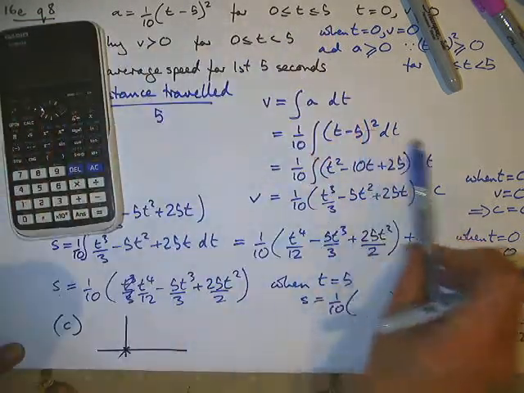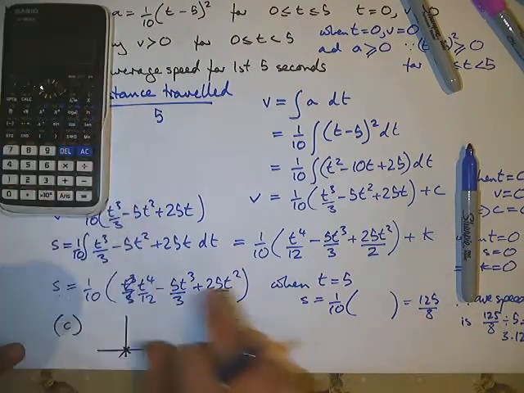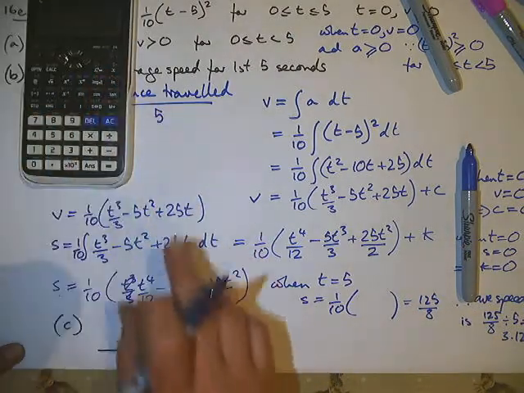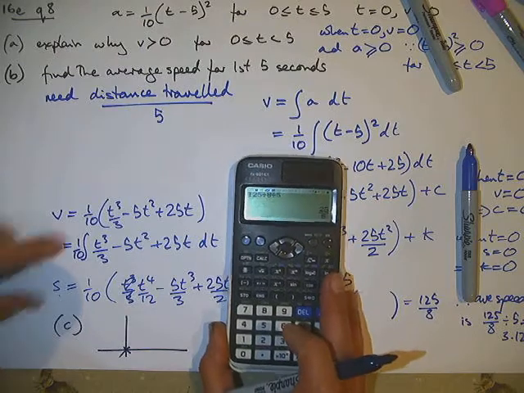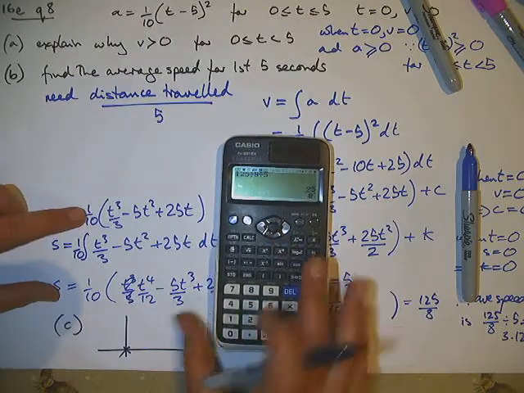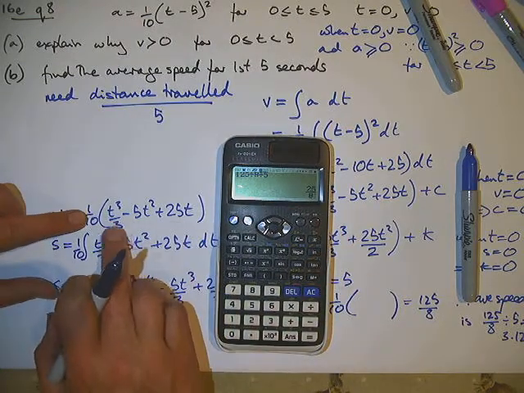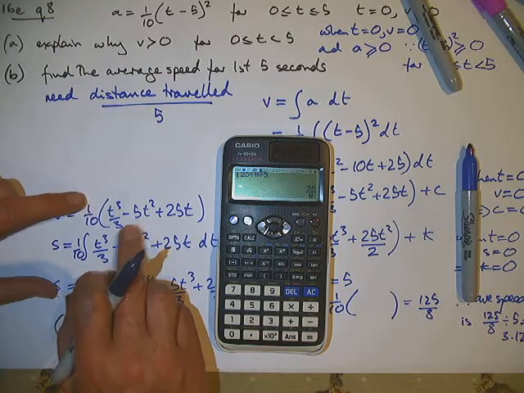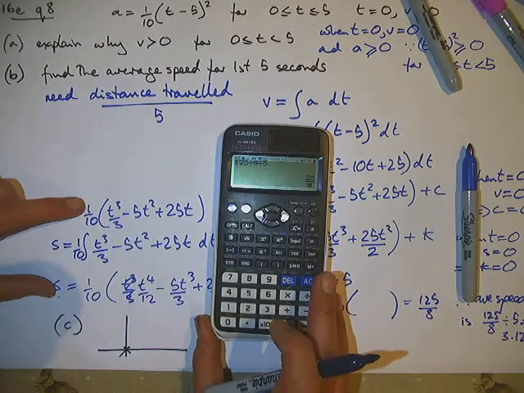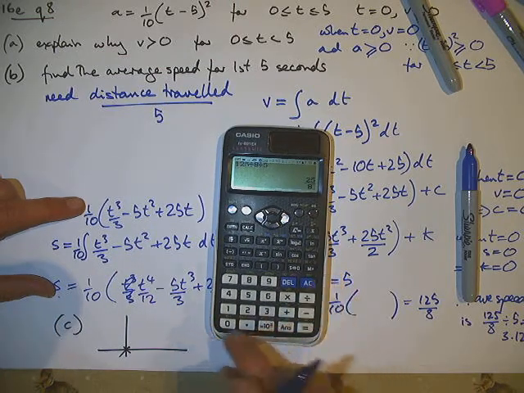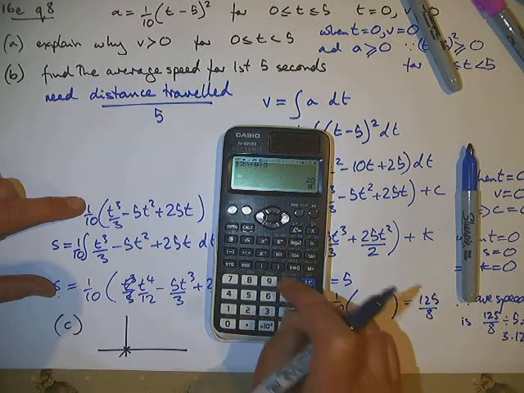We can work out the speed at 5 seconds. So let's work it out there. Oh, with 5s, it's going to be nice and easy again, isn't it? So what could we do? Is there a quicker way of doing that? I'm sure there is, but I can't think of it.